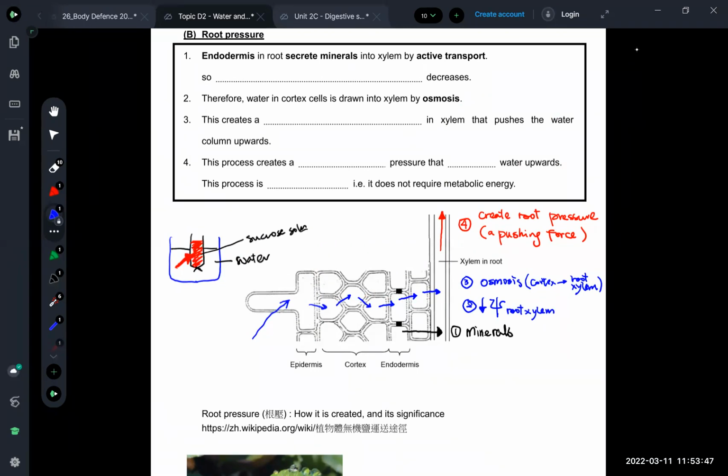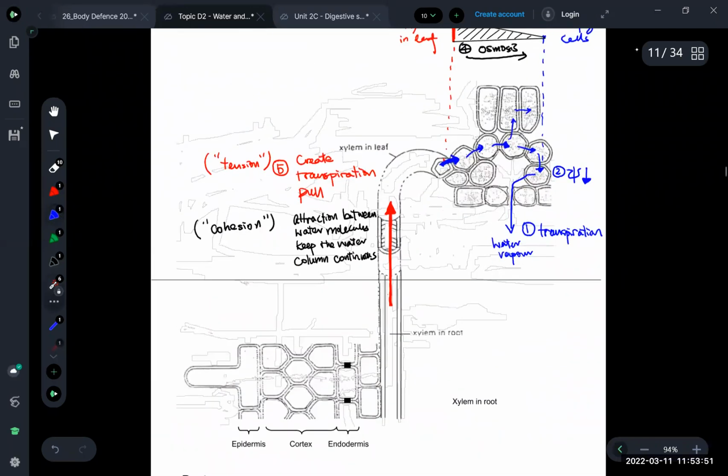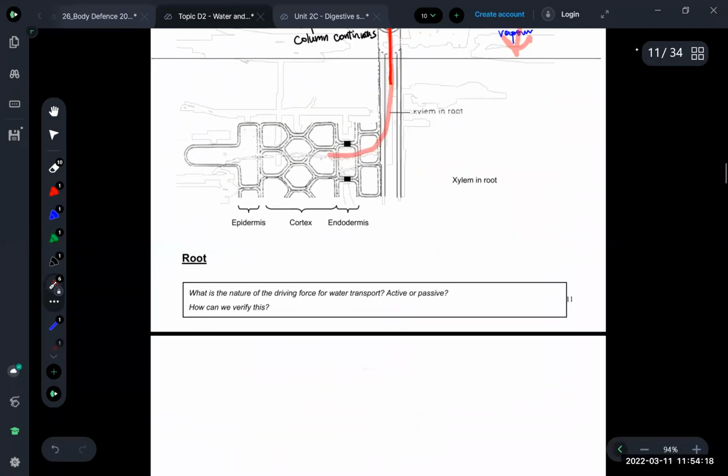So that's why we say water lost by transpiration drives the water transport, and this water transport eventually drives water absorption. So all these are related. Okay, and that's the second message that I want you to have in your mind.